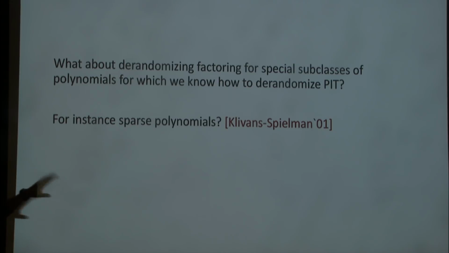So Klivans and Spielman give this PIT algorithm for sparse polynomials. Can we use this Klivans-Spielman? It's much older, like Ben-Or and Tiwari, but this is about interpolating, learning, from the 80s. What do Klivans-Spielman do? Reconstruction? I'm not sure what they do. Ben-Or and Tiwari also do reconstruction. Does anybody know?